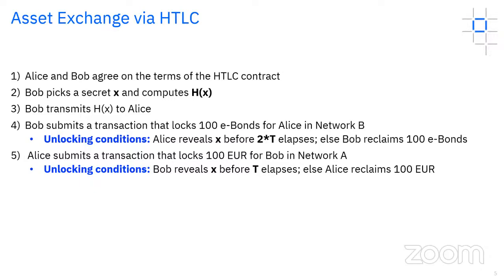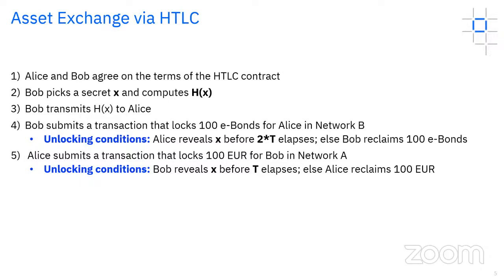And something very important to keep in mind here is that whoever knows the secret behind the hash should be the first entity to submit the transaction. So here we have Bob knowing the secret behind the hash. So Bob is required to first submit the transaction into the network where we have the securities, because Bob would like to transmit the security.